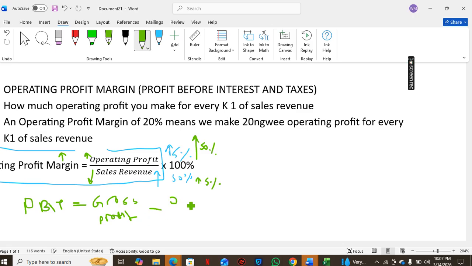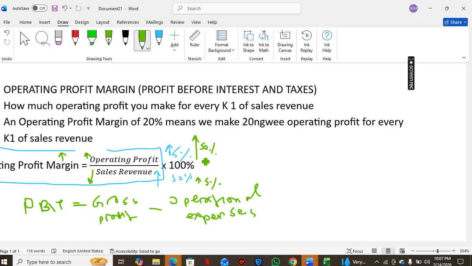Your operational expenses: the selling and distribution expenses, admin expenses, okay, the depreciation, the utility bills, okay, those are your operational expenses.